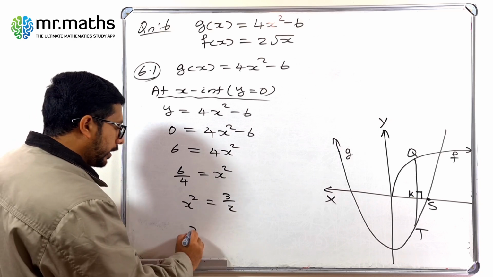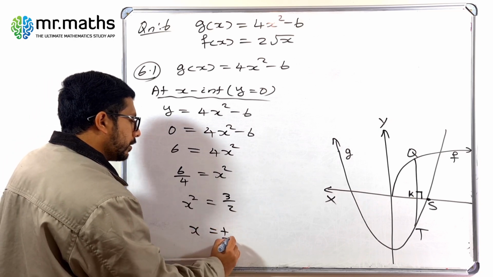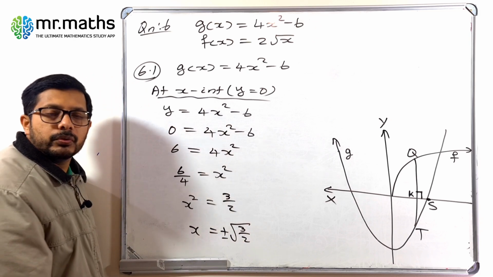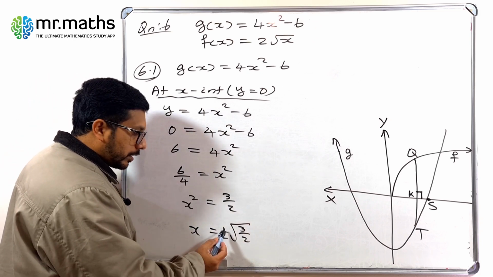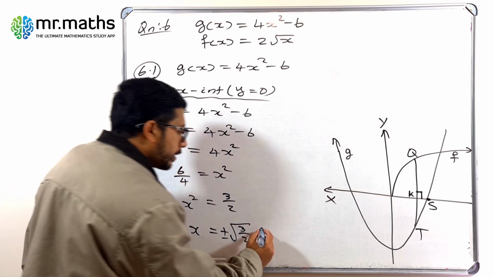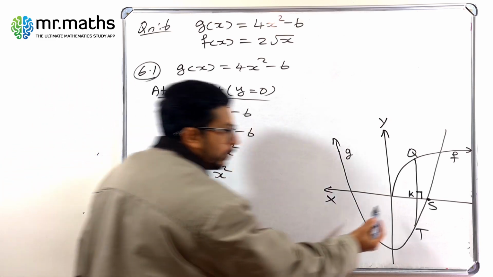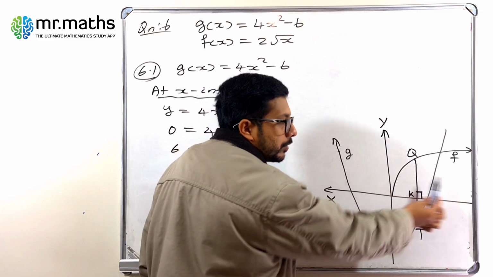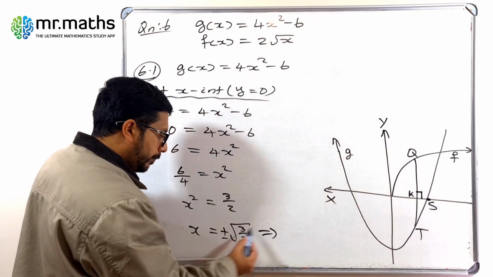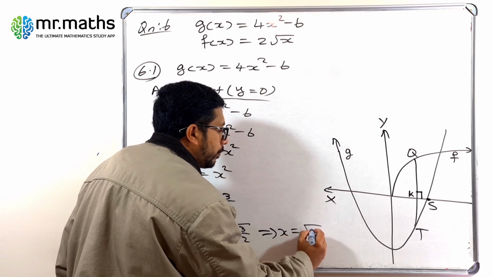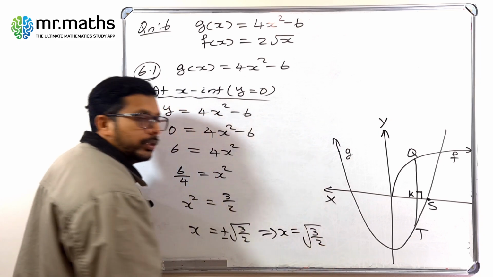Okay, so what is x? Plus or minus root of 3 over 2. So we got two values of x, plus or minus root 3 by 2. So which one is the correct one? Here on this side x is positive, am I right? After this y-axis x is positive. It implies that you have to take the x value as positive root of 3 over 2.